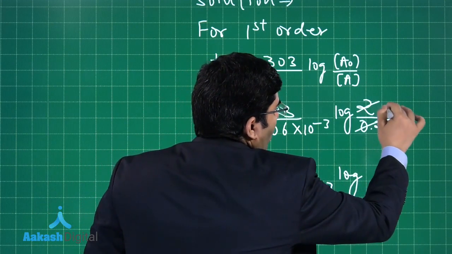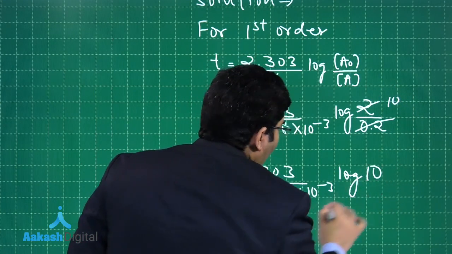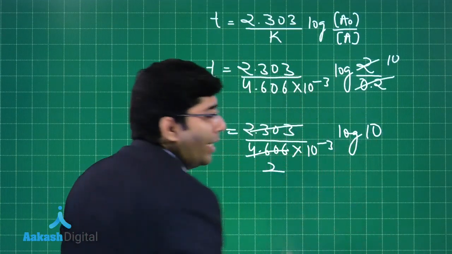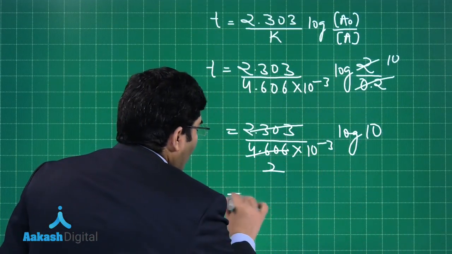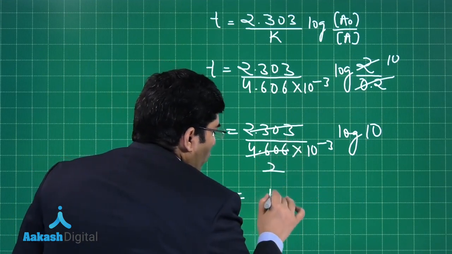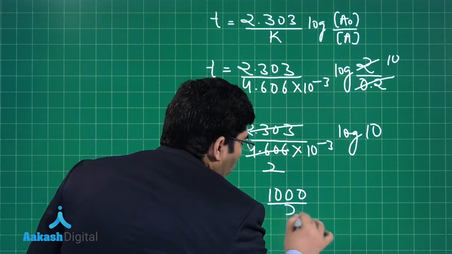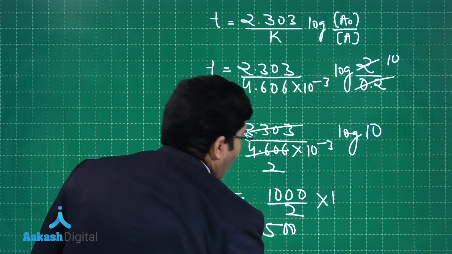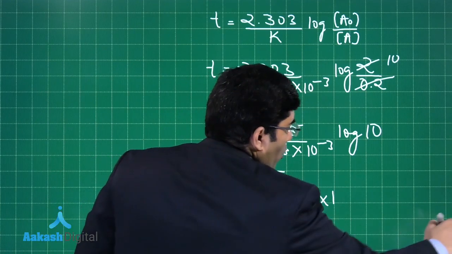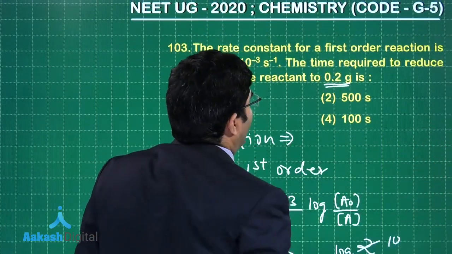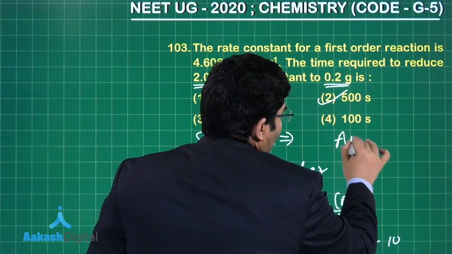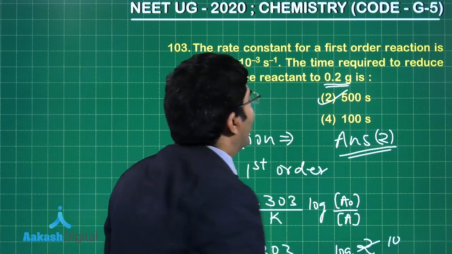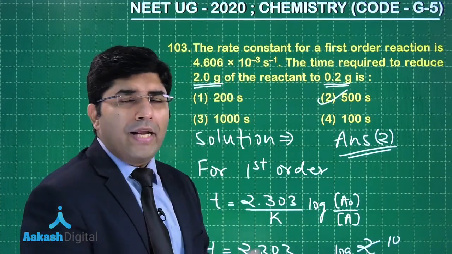Now this will cancel out and it will become 10, so it will be log 10, and this will be 2, and we all know that log 10 is equal to 1, and this 10 to the power minus 3 will become 10 to the power 3, that is 1000 by 2 multiply by 1, and the answer will be 500, right? So our answer is the second one, that is 500 seconds, right? Let's move on to the next question.